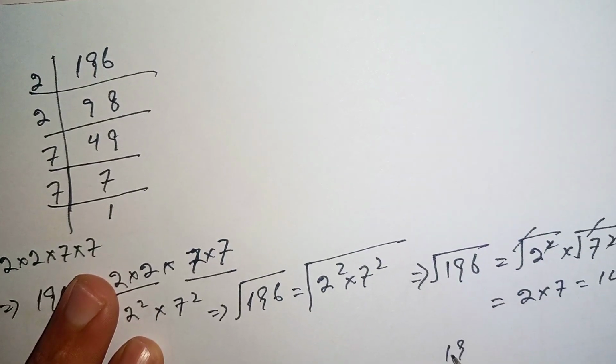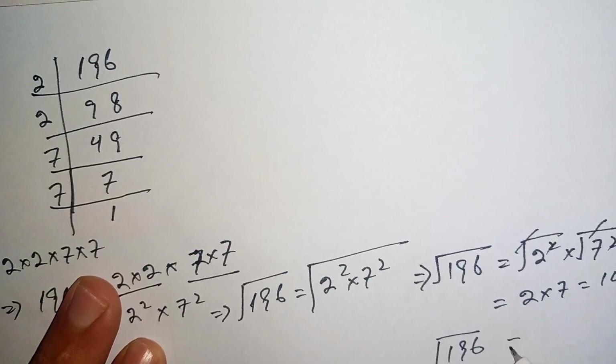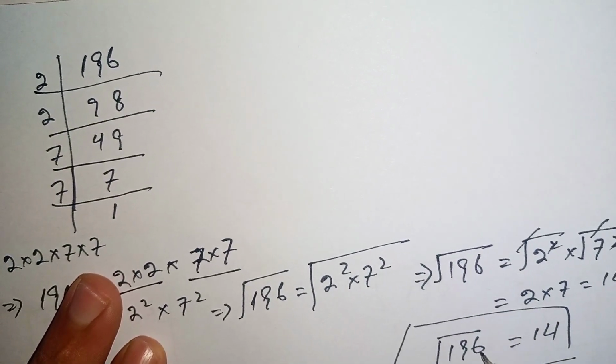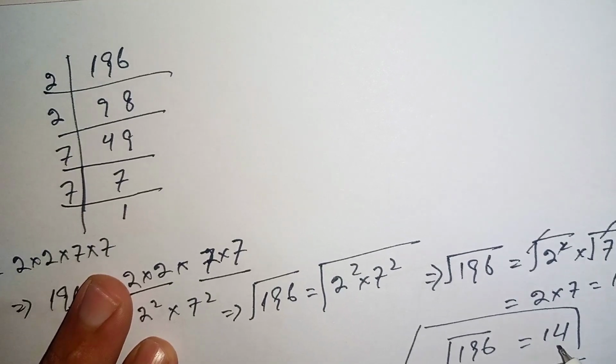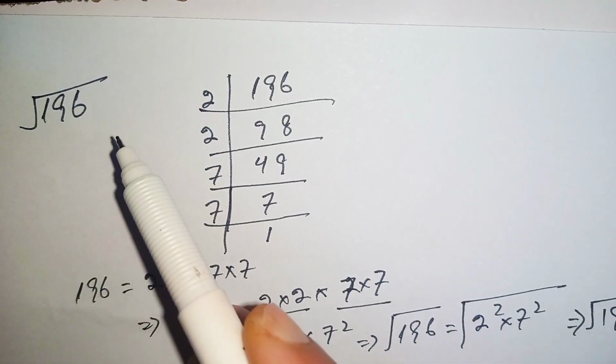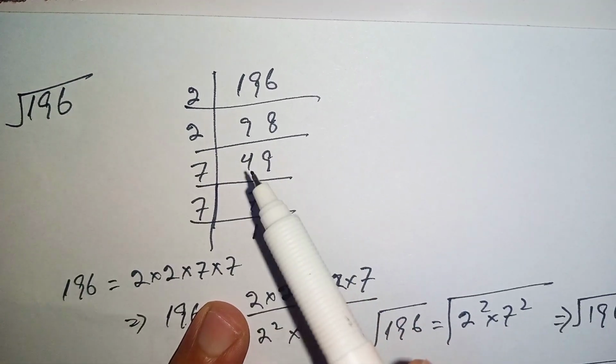We can say that the square root of 196 is equal to 14. By following these steps you can find the square root of any number which is a perfect square using the prime factorization method.